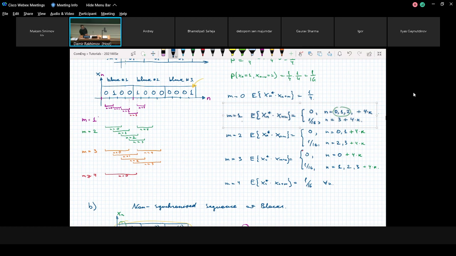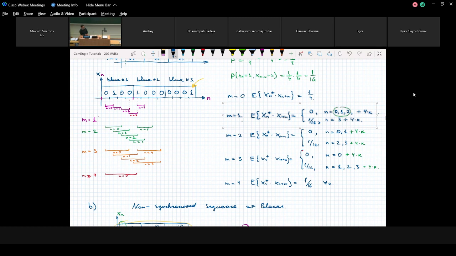Because you don't know the value of n, you have a random starting point where we measure the average. It is 1 over 64, because only in one case out of 4 do we have something non-zero, and for all other 3 cases we have 0.